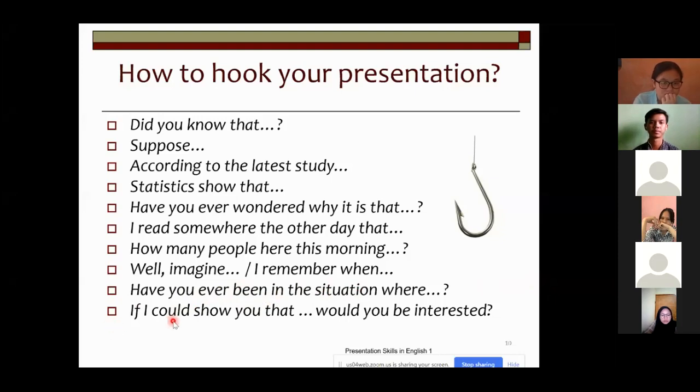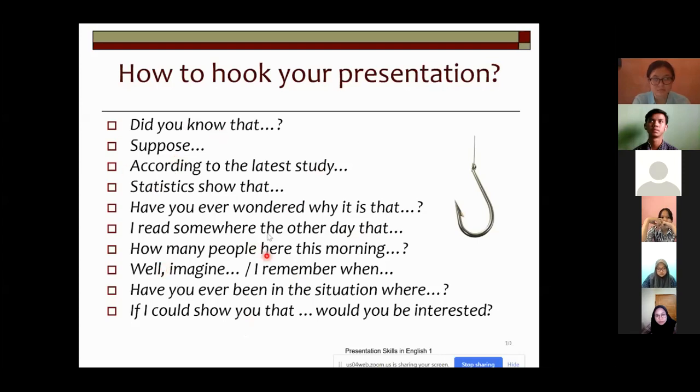And then the last one, you may say, if I could show you that blah, blah, blah, would you be interested? Then you ask your audience whether they would be interested in joining to talk about your topic or not. All right.